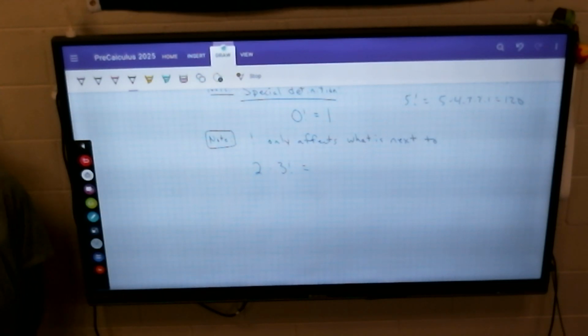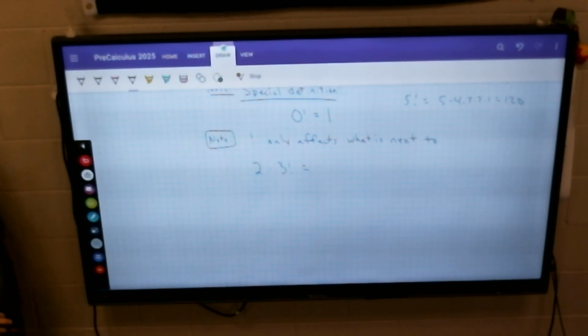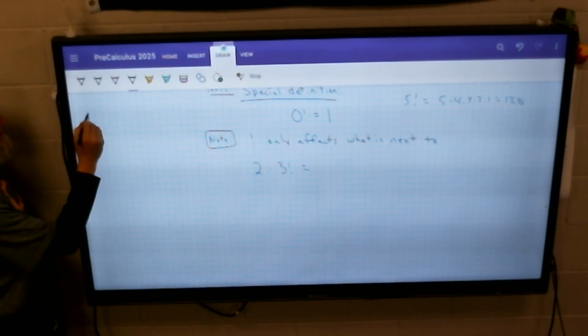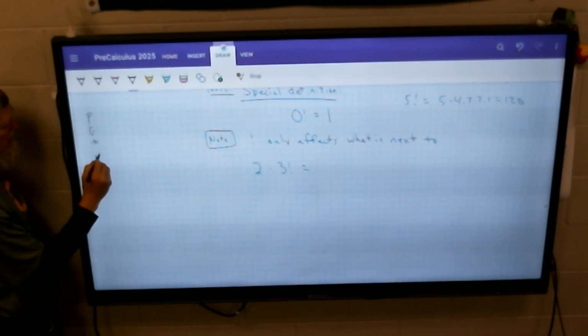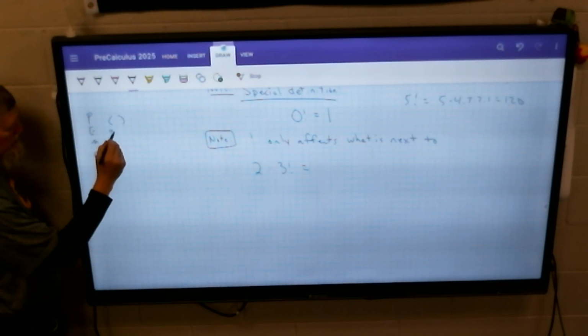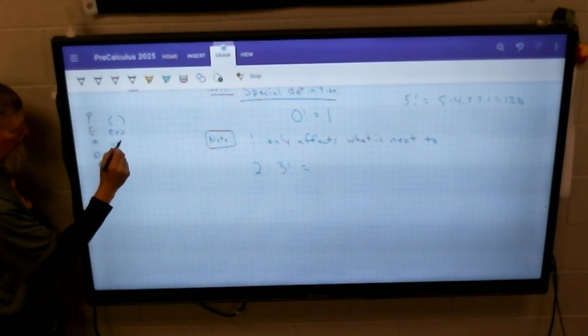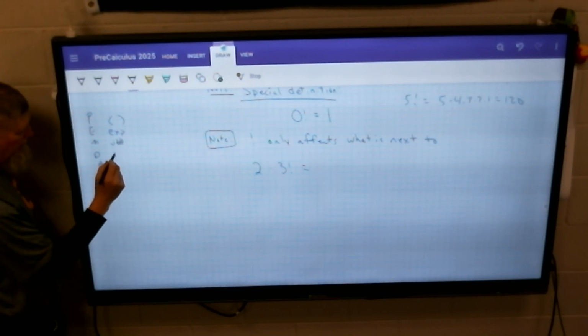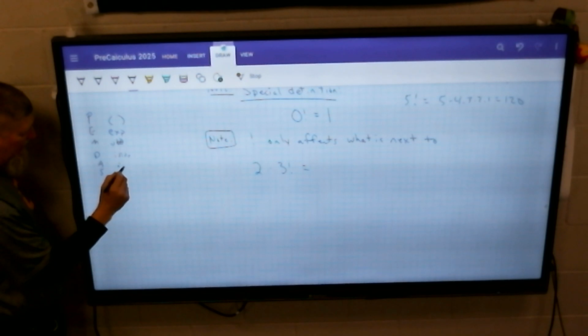okay, kind of going back to PEMDAS, before I multiply by 2, I have to take care of the exclamation point. So you think about PEMDAS, right? P is parentheses, or grouping symbol, then exponents, multiply and divide, add and subtract.